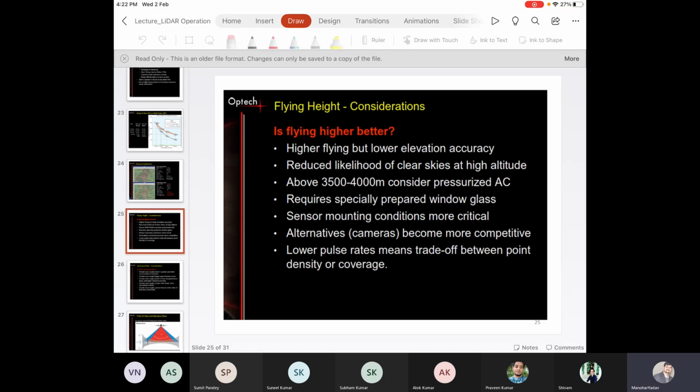Now the query is, is flying higher better? What happens if you do scanning at higher altitude? Can you think about it and be involved with me in discussion?